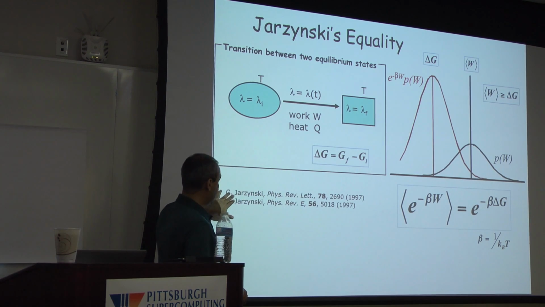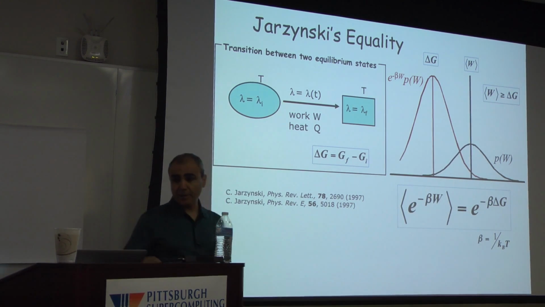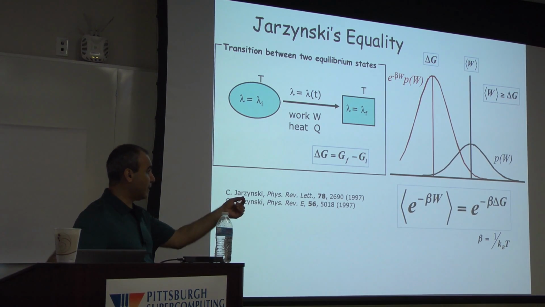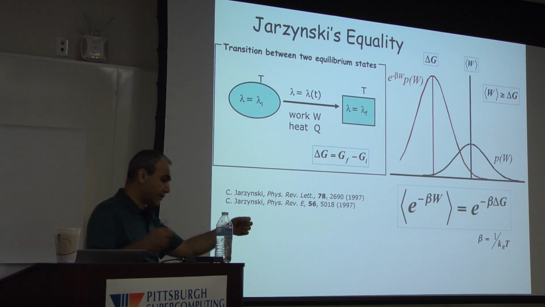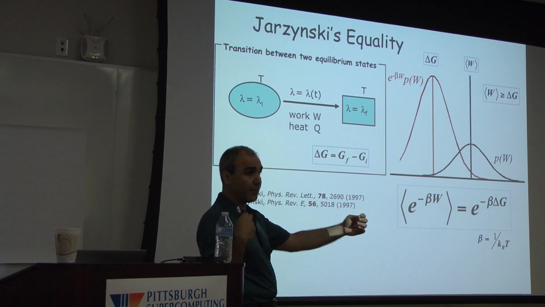So this was theoretically shown in a series of papers. These are the two last ones. Sometimes it's referred to as Jarzynski's identity. It was also experimentally proven by Bustamante's group. They pulled a stretch of nucleic acid, DNA I think, experimentally using single molecules.